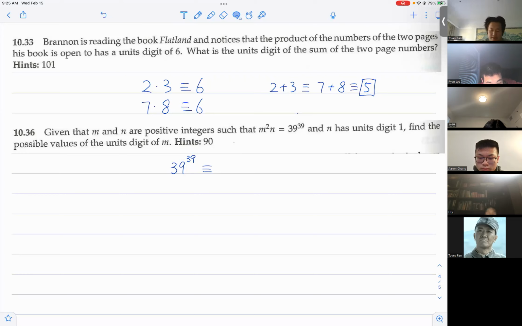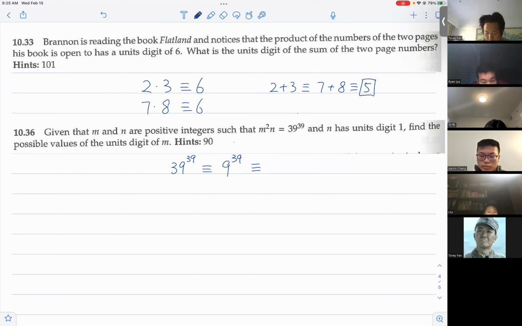So think about this. If you want to find out the units digit of this, that's equivalent to finding the units digit of 9 to the power of 39, right? Because for the 3, it doesn't really matter: 3, 39, 49, 59, whatever. 9 is 3 squared. Good, because we have a pattern for 3, we don't have to find the pattern for 9.